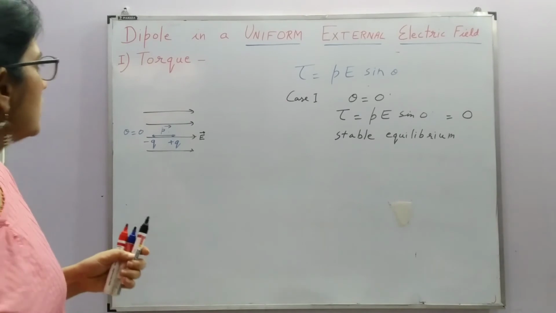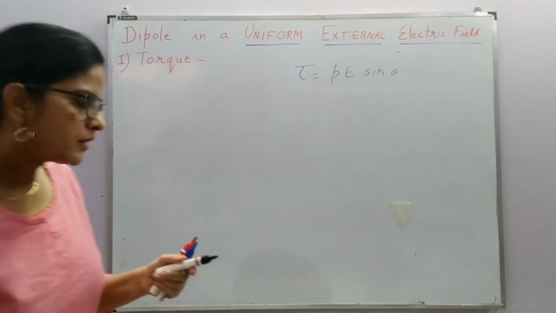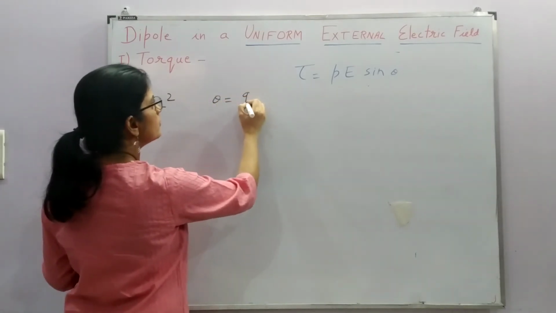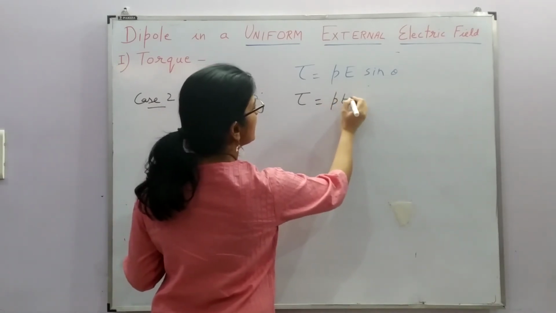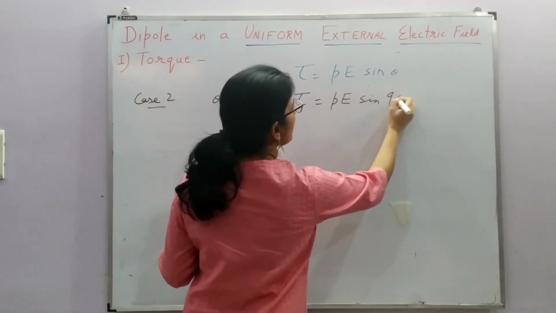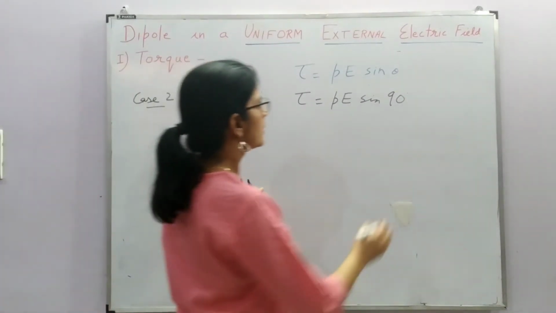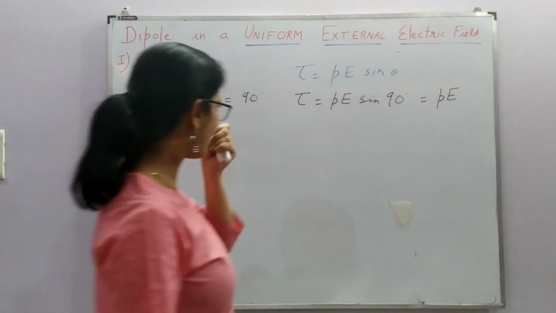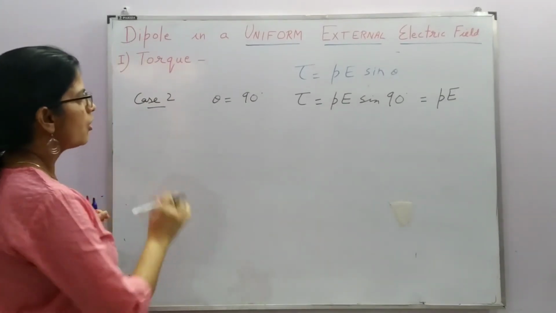So let's take another case, case 2. In case 2, we consider theta is equal to 90 degree. So if we put this value, torque is equal to PE sine of 90 degree. What is the value of sine 90? Sine 90 is 1. So that means this becomes PE. So maximum torque is acting on this.